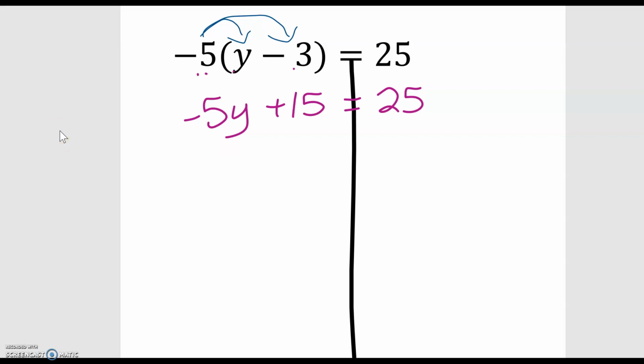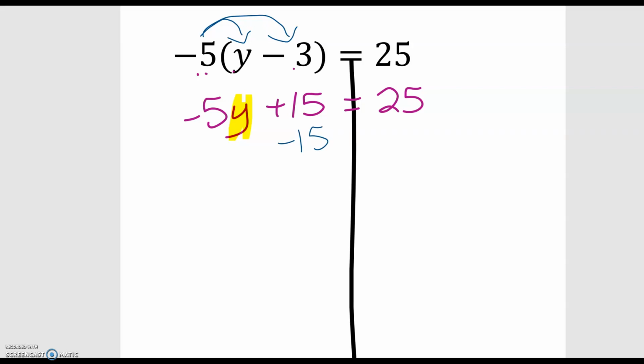Now we're going to use our inverse operations. So we are solving for our y. So we need to get rid of this 15 first of all. Since that's addition, we're going to subtract 15 to get rid of it from the left side.